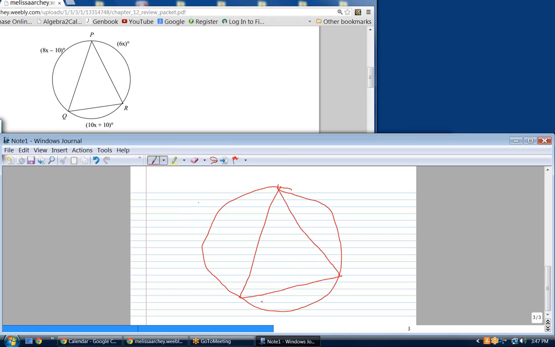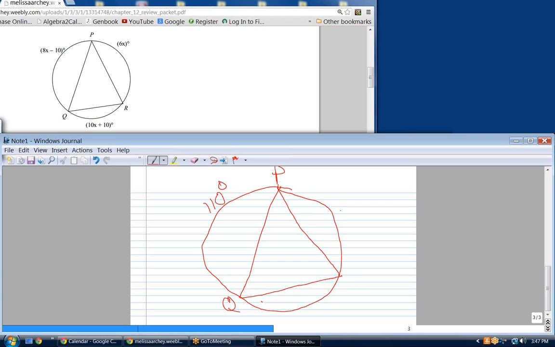So what's the measurement of this arc if x is 15? Which arc? QP. If x is 15, you got 8 times 15 minus 10. That arc would be 110.